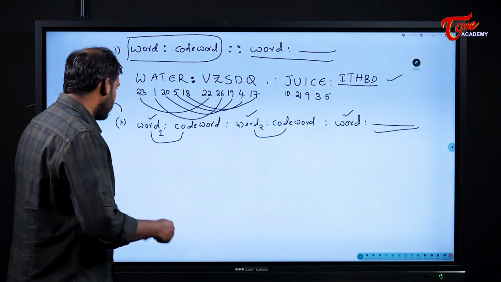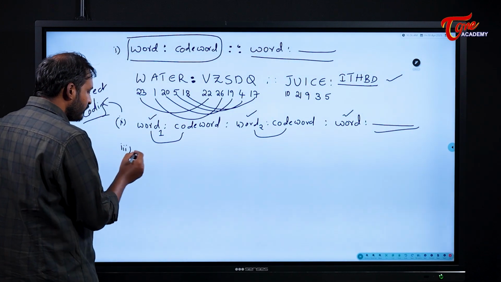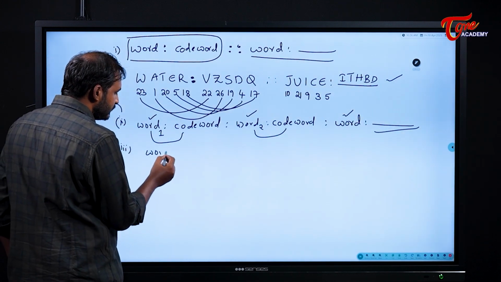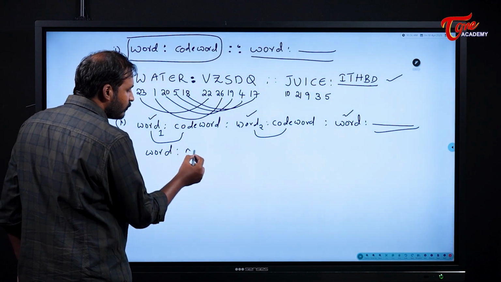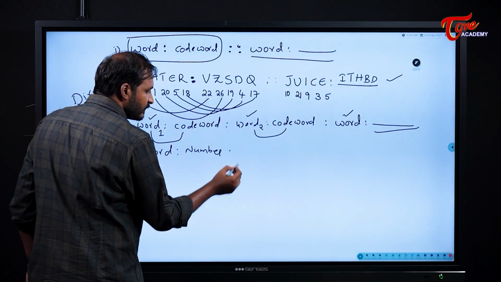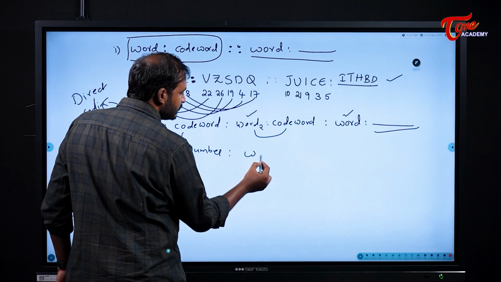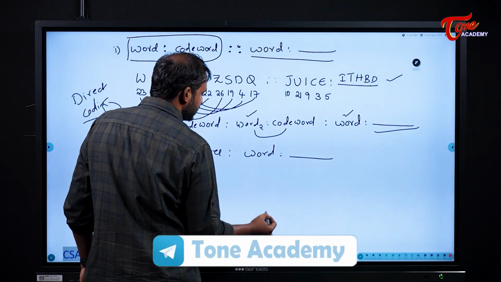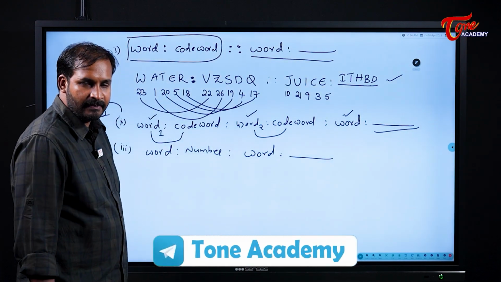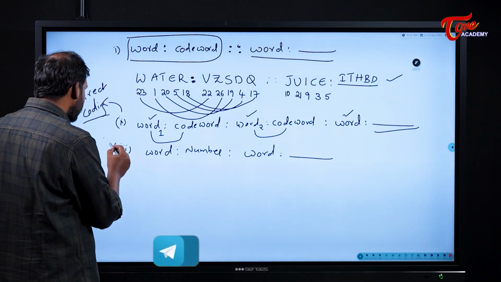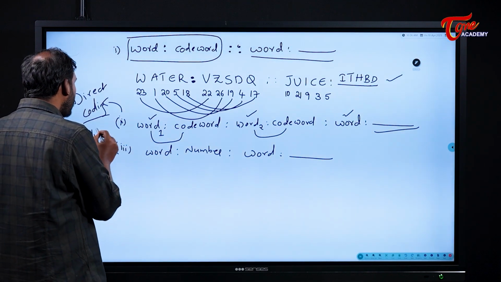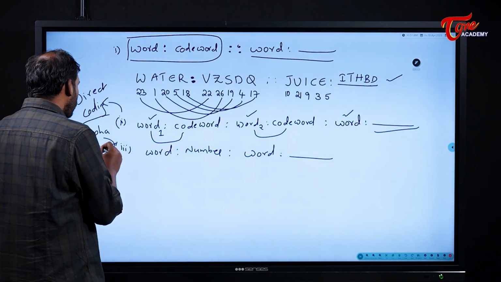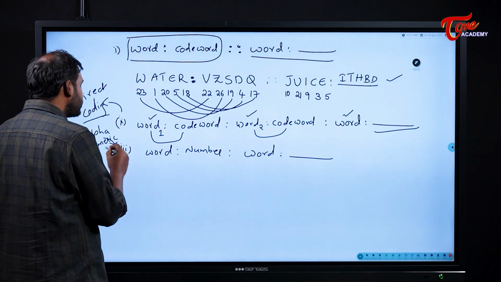Okay. Next one is, they will give us a word and it will be coded with a number, and they will give us a new word and they will ask us what is the number for this one. This type of coding we call alphanumeric coding. What is this alphanumeric coding, sir? Very simple.